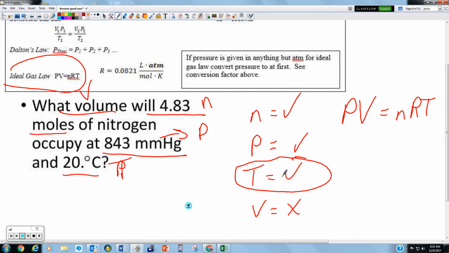Always need to change the temperature to Kelvin. We don't need to change the R. I'm only giving you one R. The R is telling us that we need our pressure in atmospheres, but our pressure is in millimeters mercury. So for pressure, we're going to do 843. And what's the conversion for pressure to atmospheres? 760. So we'll divide it by 760.